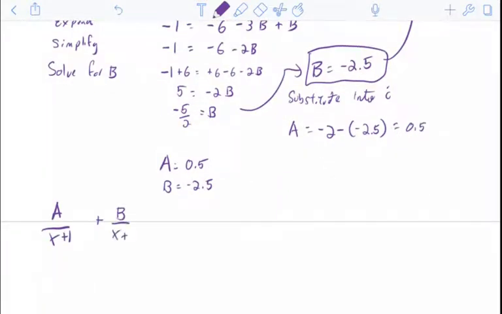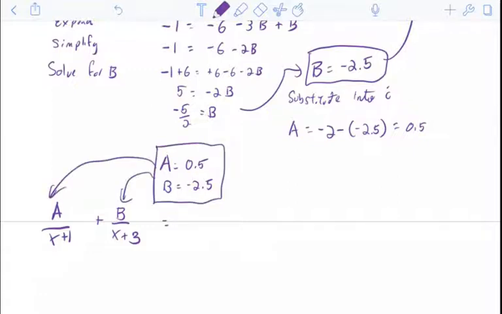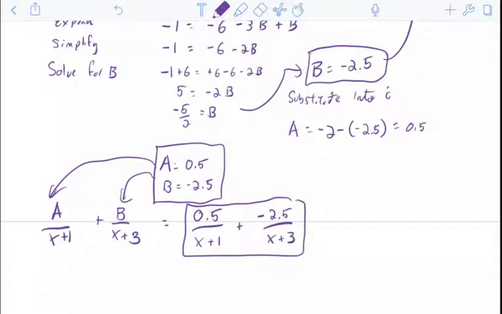I'm going to substitute these values back into my original expression: 0.5 over x plus 1 plus minus 2.5 over x plus 3. I've successfully broken up my original rational into two parts.